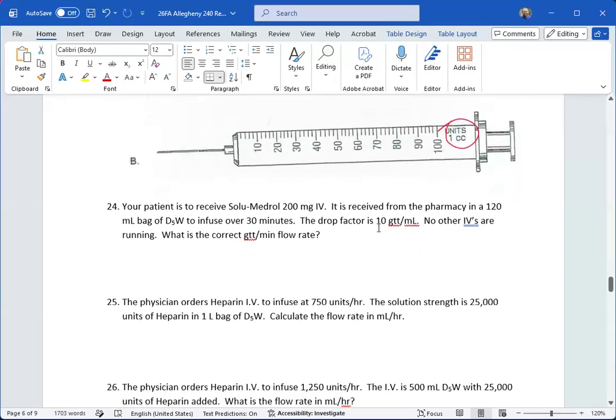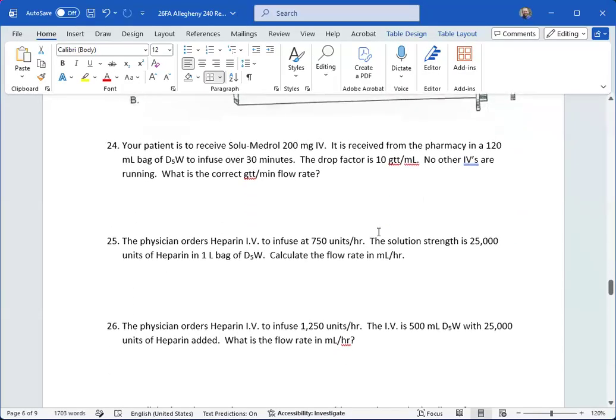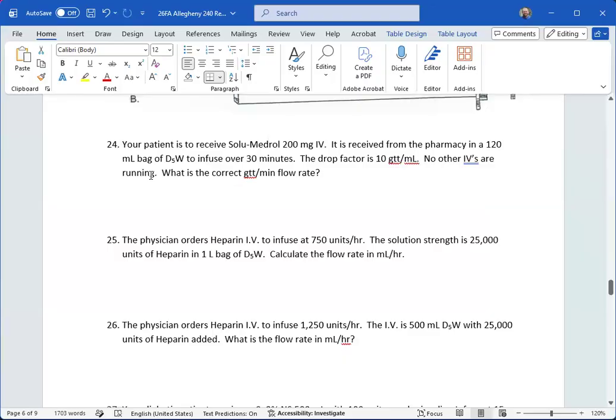All right. So the next question I got asked about was question 25. Questions similar to it, like 25 and 26, basically what this question is asking you to do is essentially what the heparin protocol asks you to do. It's asking you to convert units per hour to milliliters per hour.